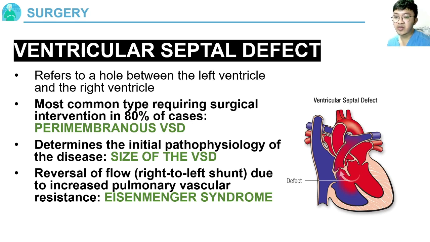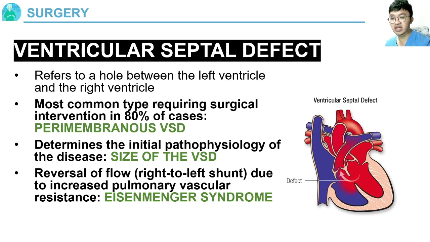What determines the initial pathophysiology of disease? It's the size of the VSD, because the size of the VSD will determine whether the patient will have increased shunting. Okay, the problem with shunting is if the flow is not left to right, but instead right to left.